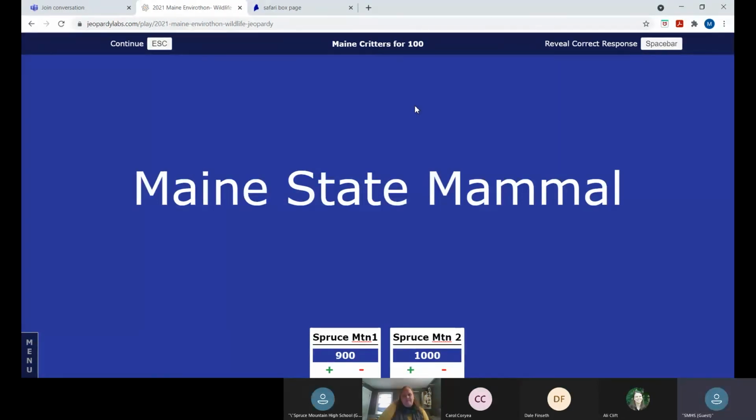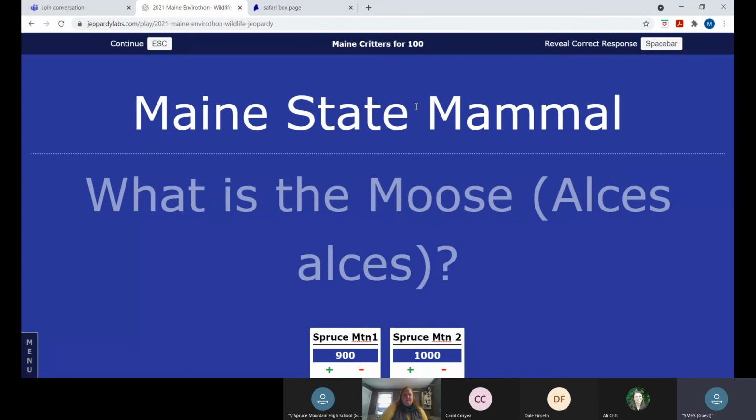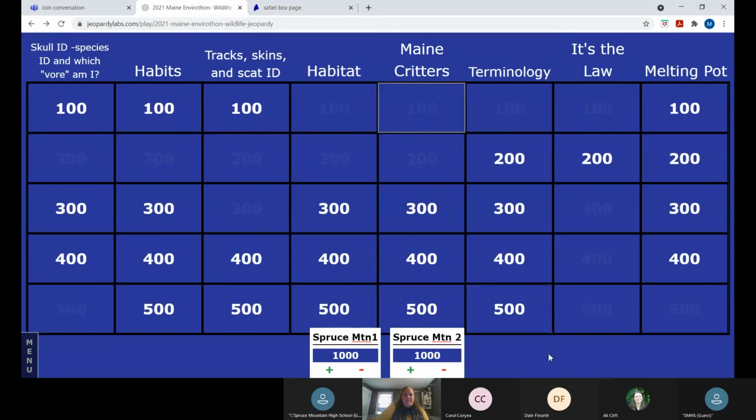Is it the moose? Correct. It is the moose. It's a tie game. The Spruce Mountain 2.